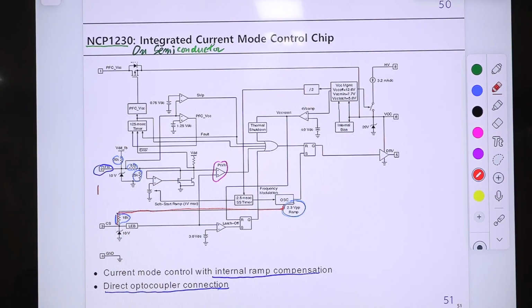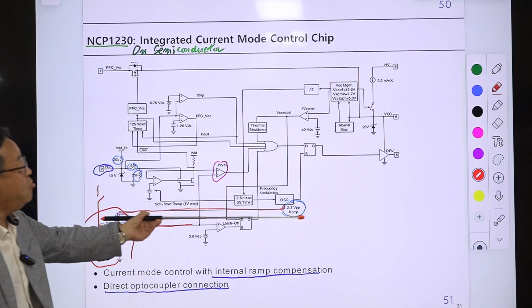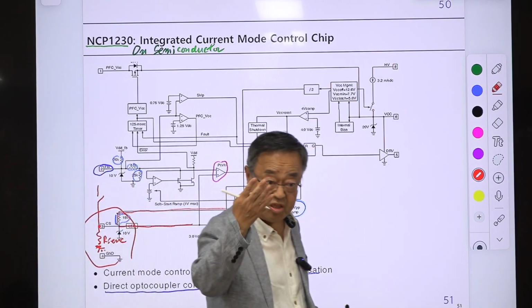Here the switch current is something like this, and there is RS like this. This is R sense here. So this is just a simple voltage divider, two resistors. Then the resulting compensation with a smaller peak value means increasing the slope.